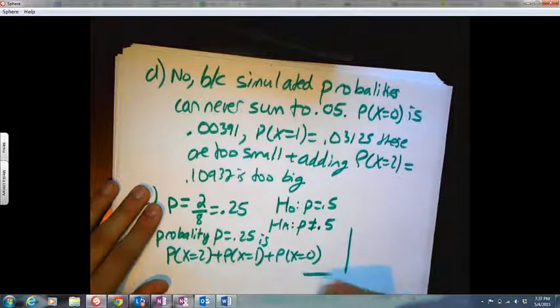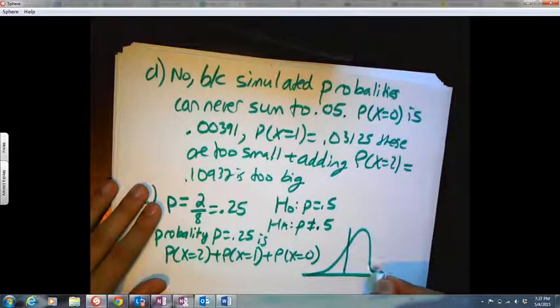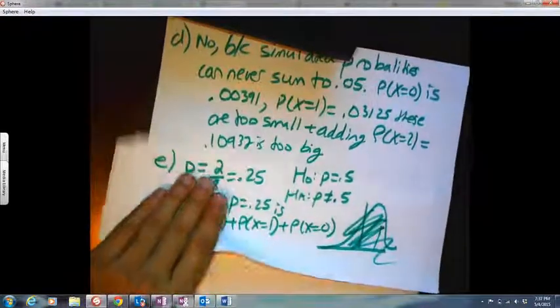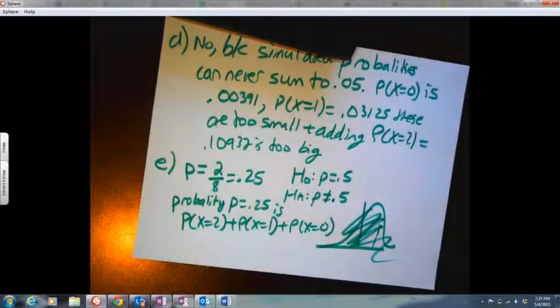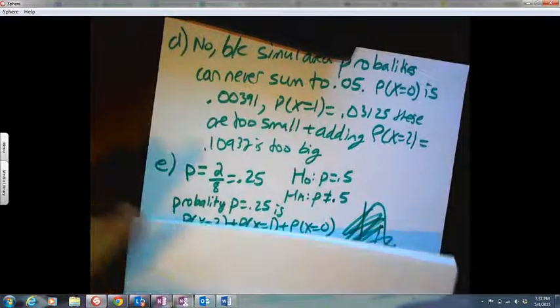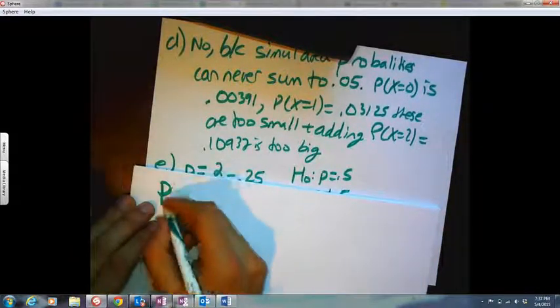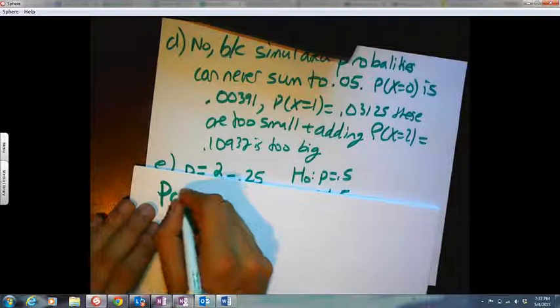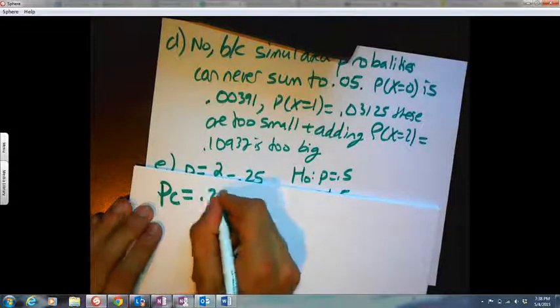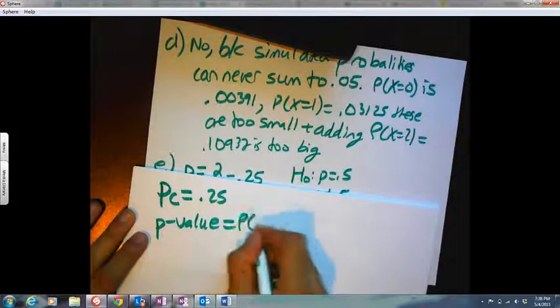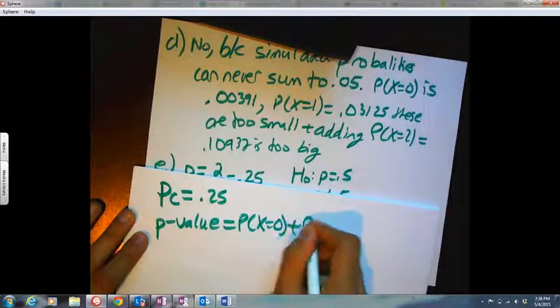So to think about the picture here, the picture is the following, right? The p citrus equals 0.25. The p-value is equal to the probability x equals 0 plus the probability x equals 1 plus the probability x equals 2.